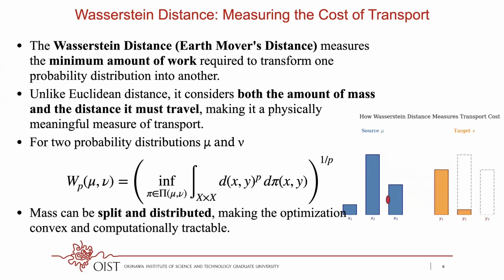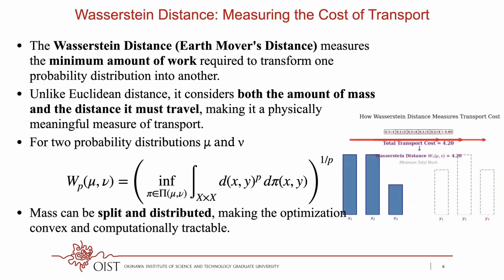For two probability distributions, the Wasserstein distance is defined here, and as you can see, this carries the concept of mass splitting and mass distribution.